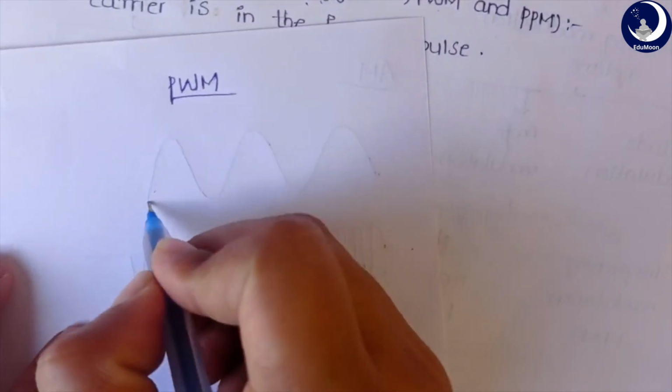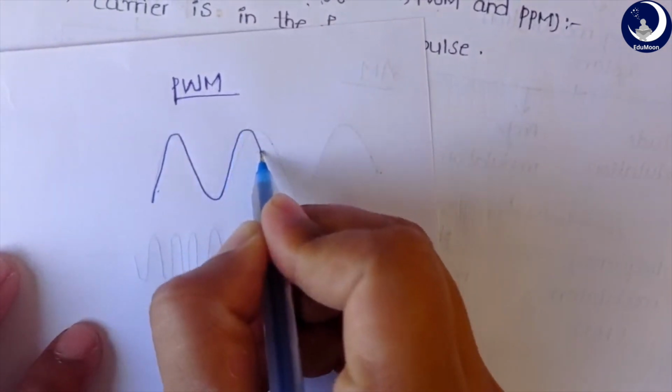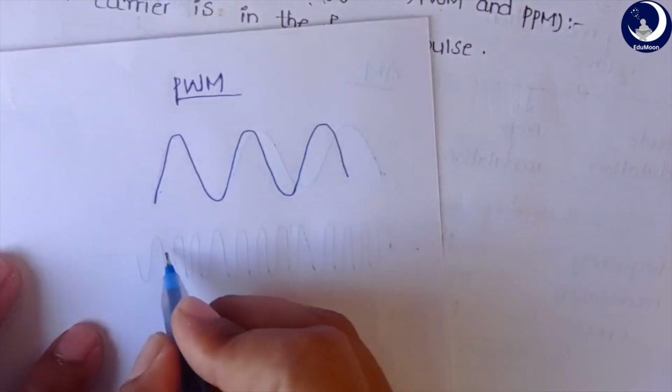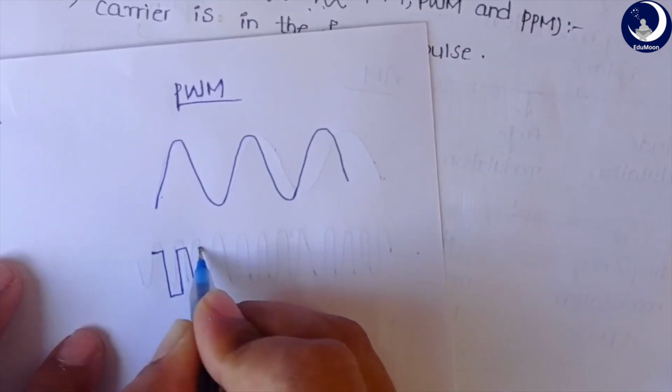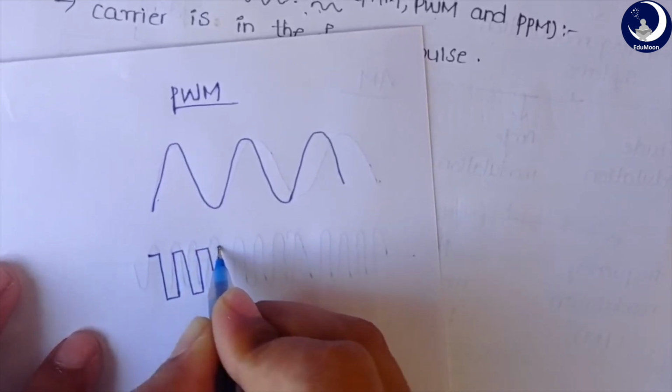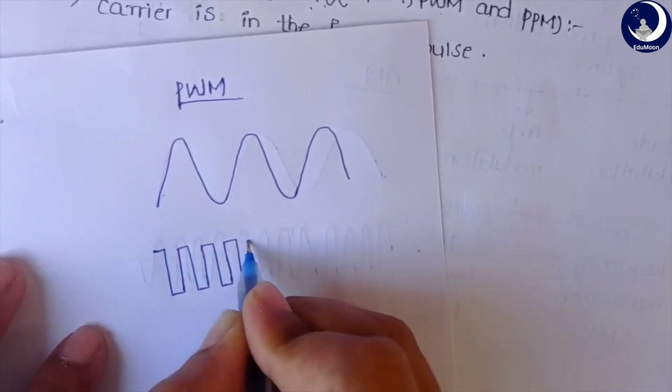In pulse width modulation, we have a message signal, and we have a pulse carrier. What happens is, in pulse width modulation, the width of the pulse changes.